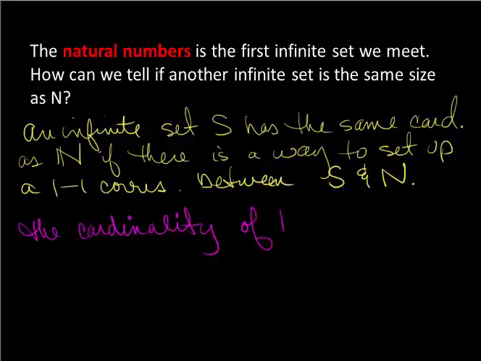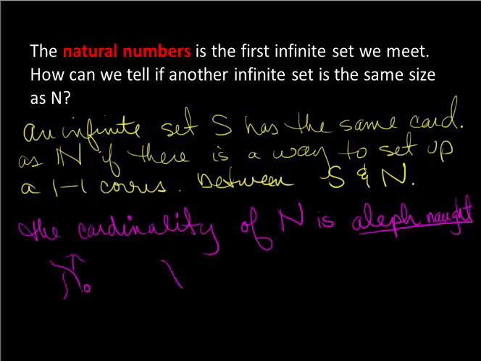The cardinality of the natural numbers is called Aleph, A-L-E-P-H, Aleph naught, N-A-U-G-H-T. Sometimes it's called Aleph zero or Aleph null. But this is what it looks like. It's a Hebrew character. That looks better. This is Aleph naught. It's the cardinality of the natural numbers.